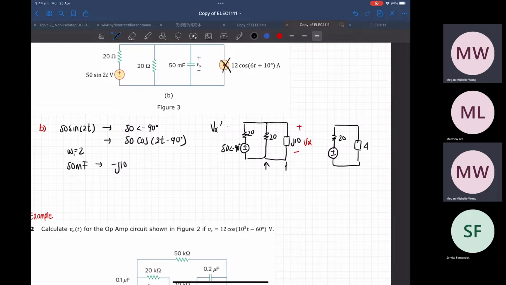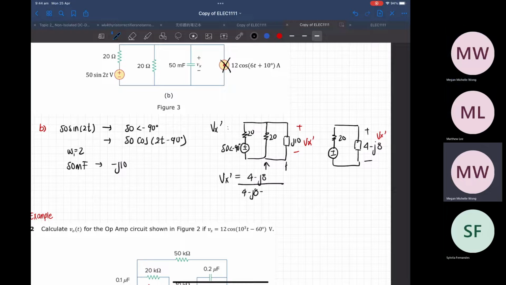So I think this will give you 4 minus J8. And then your Vx prime would be just 4 minus J8 over 4 minus J8 plus 20 times your 50 angle of minus 90.